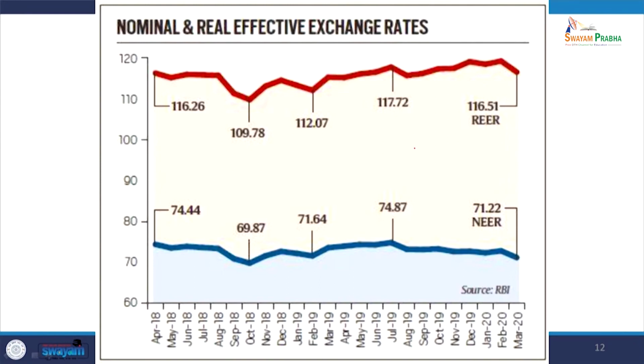The exchange rates are now presented here as per the latest information from RBI. REER is much higher than NEER, and it has already reached 116.51, as against the NEER.